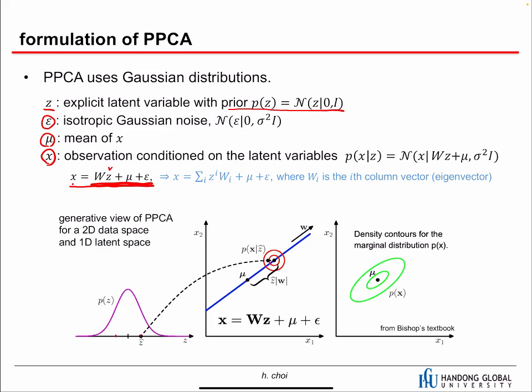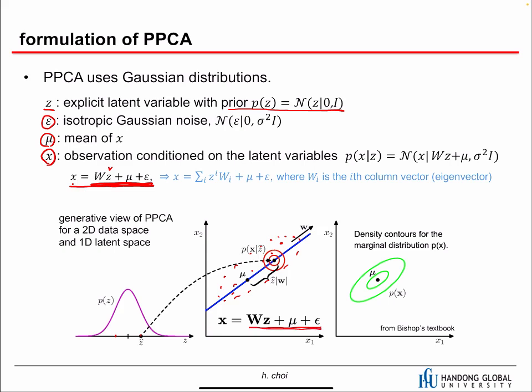In the generative view, Z is a random variable and Z is given, here. Then, based on this equation, we can generate one x here, somewhere around here. If we have some samples like this, then these samples can be generated by these equations.